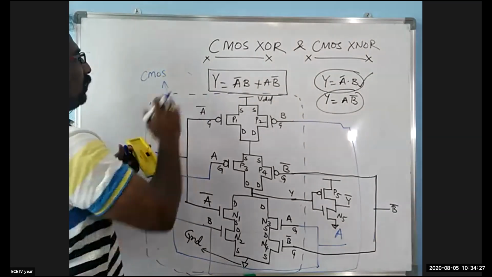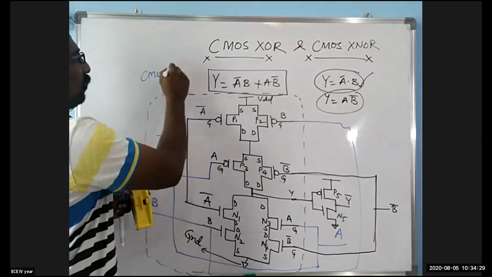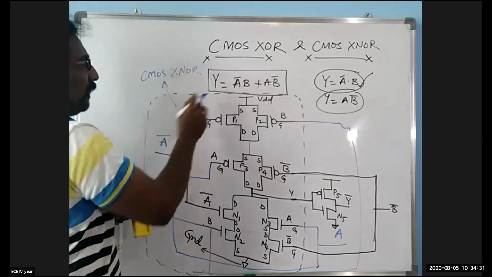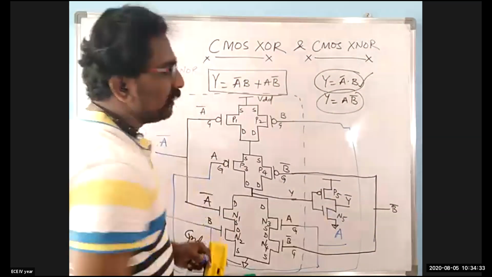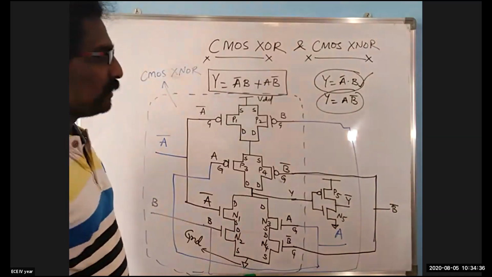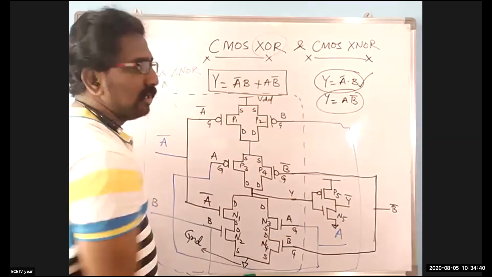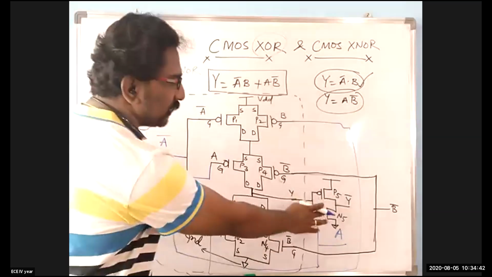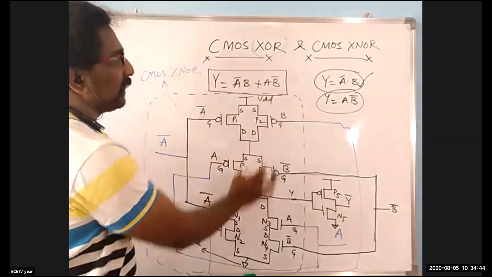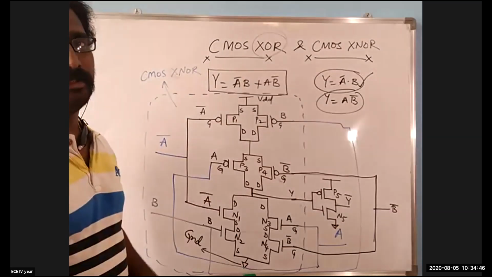The structure which you have drawn inside this dotted line is a CMOS XNOR. Along with the inverter, it represents the CMOS XOR gate. If you don't consider the inverter, then this entire structure acts as a CMOS XNOR gate.